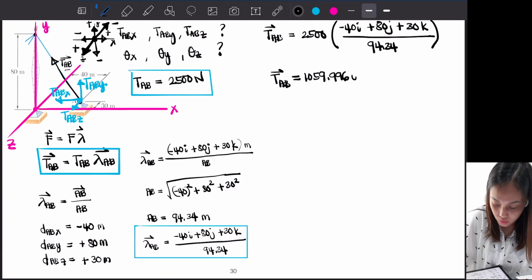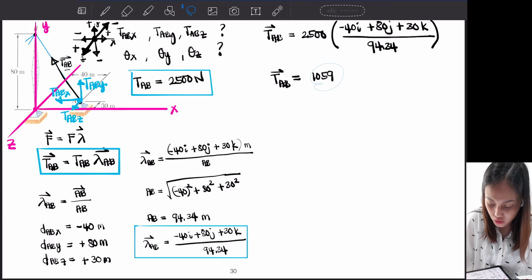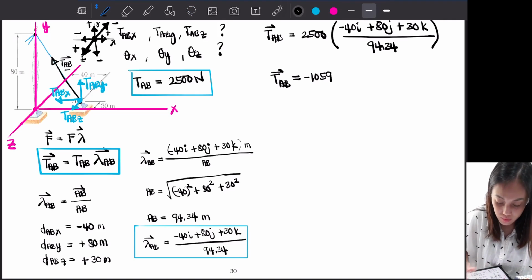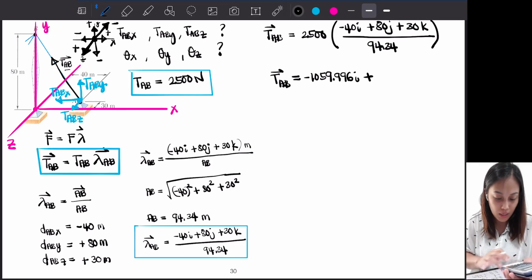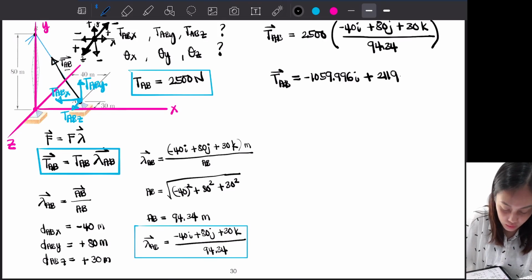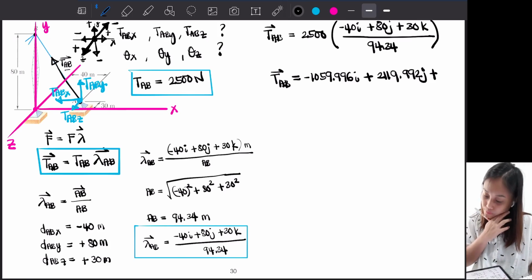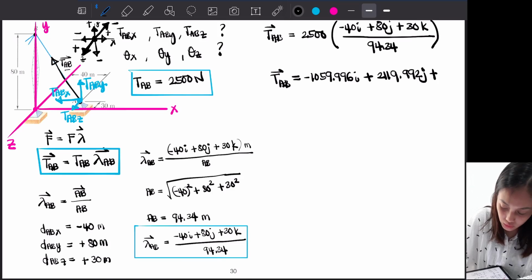This is negative 1,060i plus 25 times 80 divided by 94.34, which is 2,119.992j, plus 25 times 30 divided by 94.34, which is 794.997k.